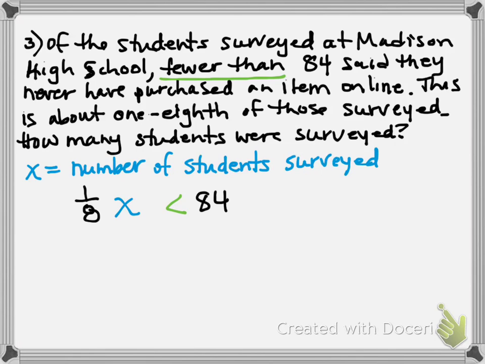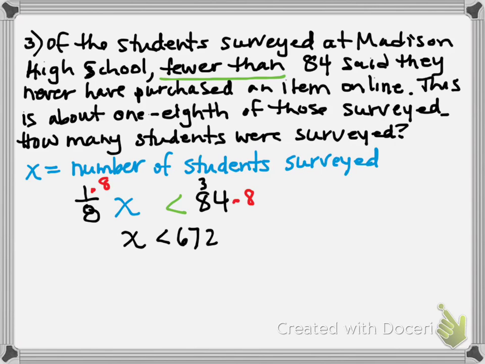It said fewer than. So then we would solve this. What math would I do to solve this? Yeah, we'd multiply both sides by 8. Does it make sense that I'm going to get an answer that's greater than 84? Okay. So let's see, we get 32, we get 64, and 3 is 672.